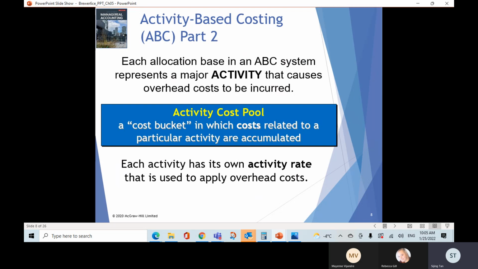That is what we call an activity cost pool. An activity measure expresses how much of an activity is carried out, and it is used as the allocation base for applying overhead to products and services. Activity measures can be related to volume or not related to volume. Activity rate.